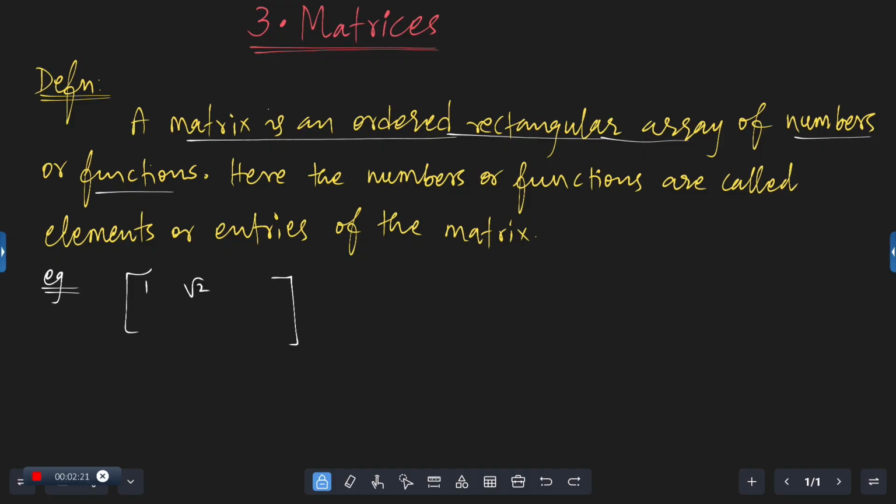Even root 2 is a number. Am I right? Or 1 plus i is also a number, a complex number. Even 0 is a complex number. A function, in the sense x, is one of the functions, a linear function, or I will use a trigonometric function. Like that, either elements or functions you can use.